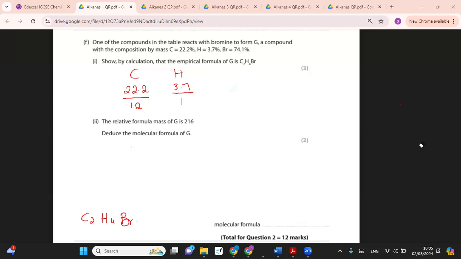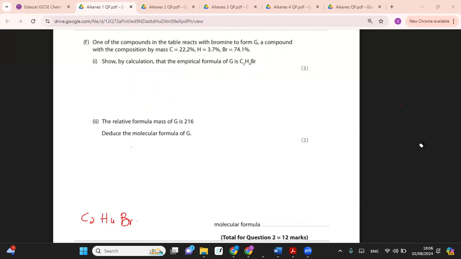24 plus 4 plus 80, right? Now we get 108. Next, dividing, we get 2. So if the multiplier is 2, it's going to be C4H8Br2. Yes, exactly. Good job. So you calculate the empirical formula mass and divide the relative formula mass by it.